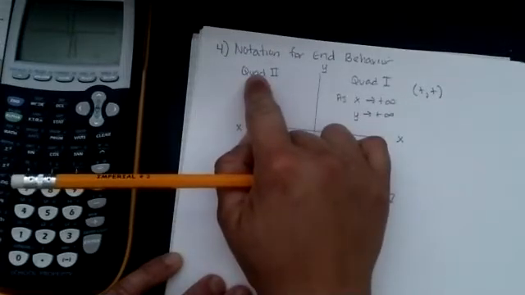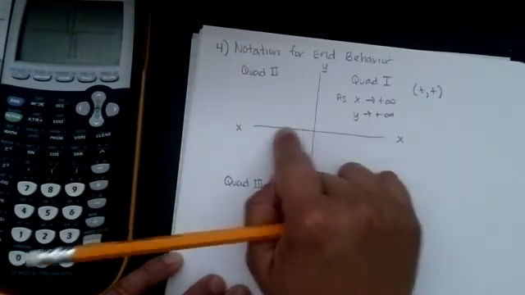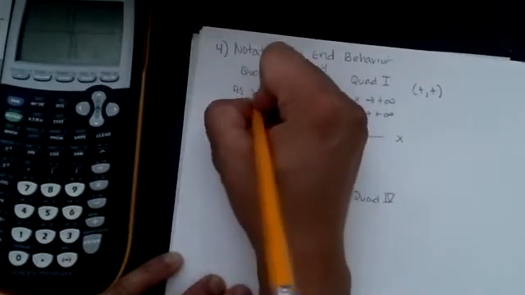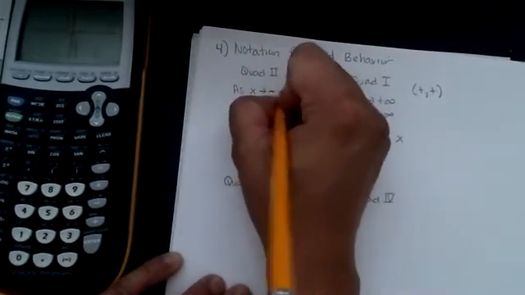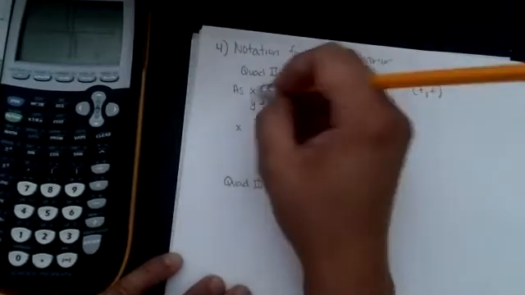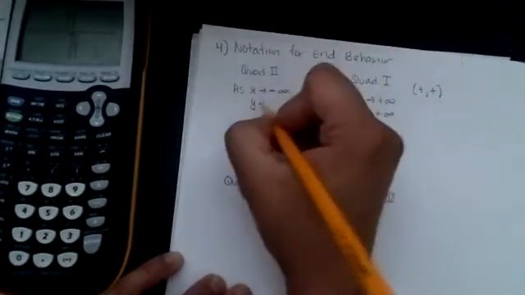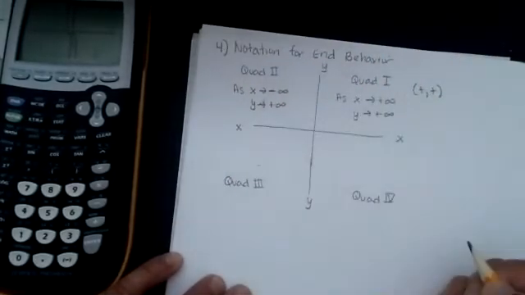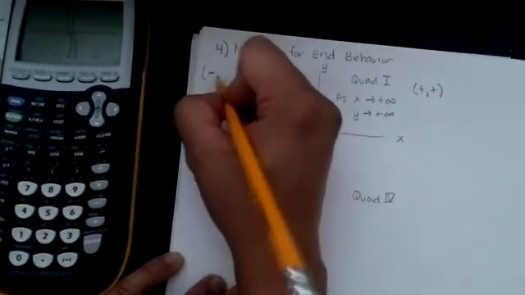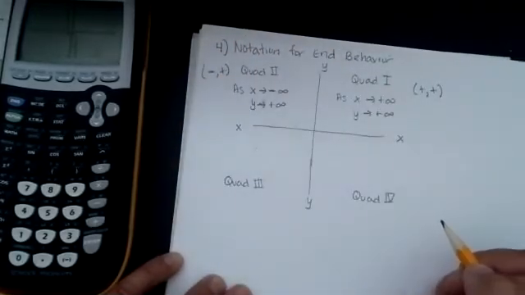In quadrant 2, as x is going to the left, x is going to negative infinity. And here the y, because it's going up, is positive infinity. And how do we know that? Well, in this quadrant, all x's are negative, all y's are positive.